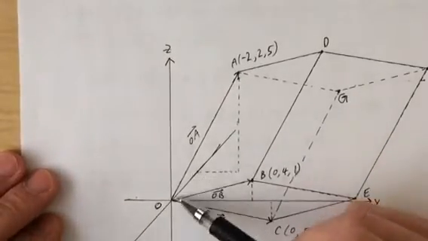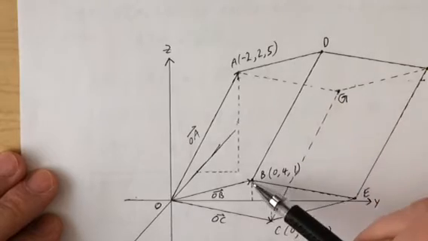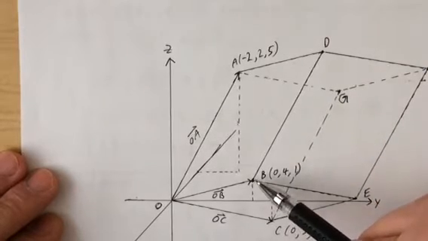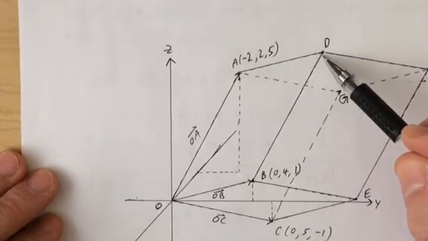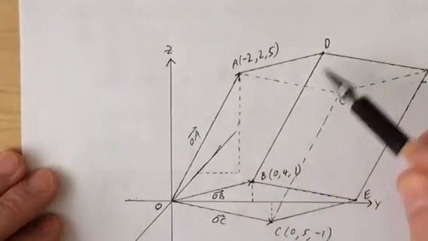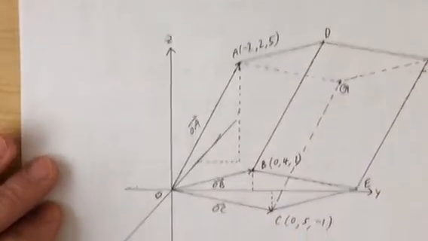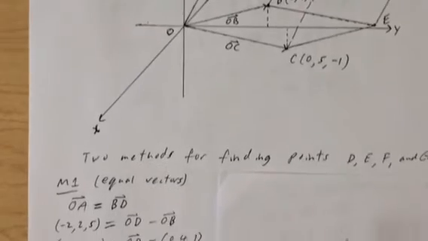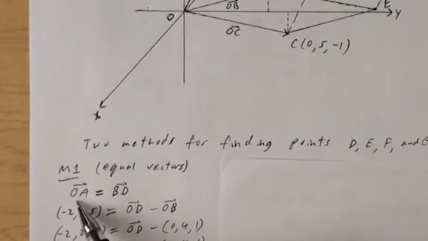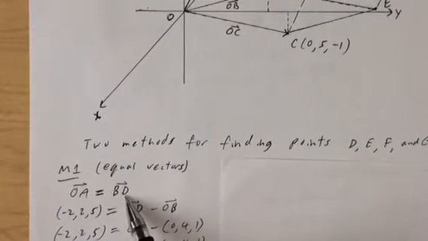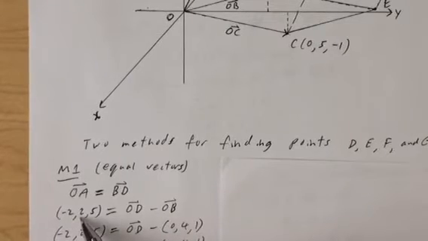We know that vector OA is equal to vector BD. OA equals vector BD. So I write that down here. OA equals BD. Well, OA we know is negative 2, 2, 5.